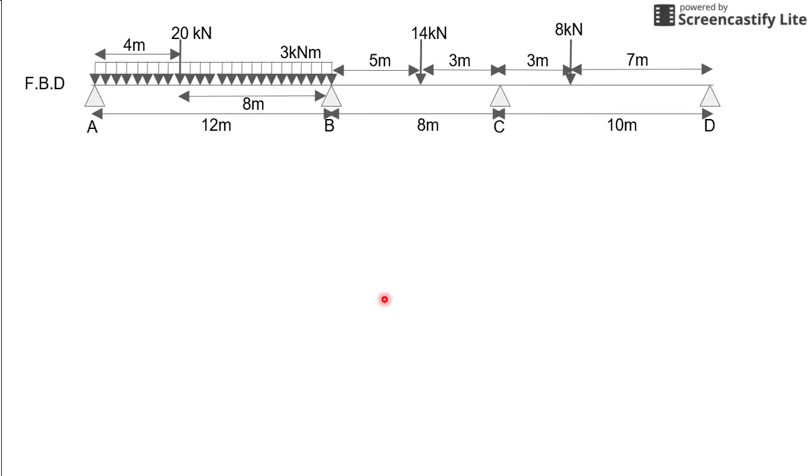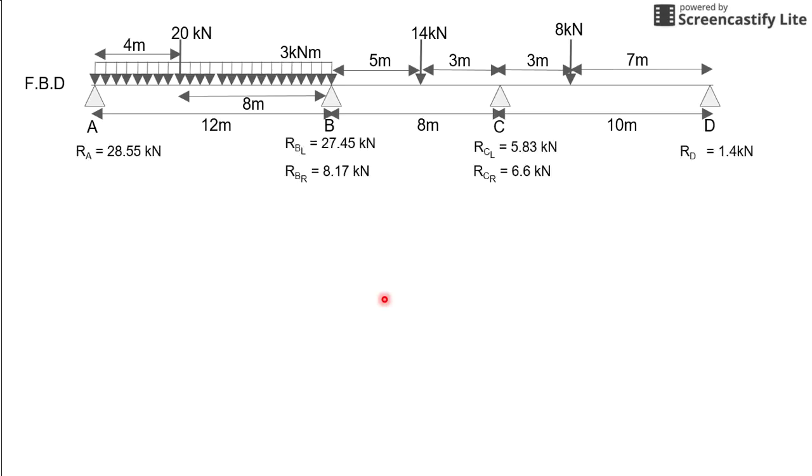So what I personally like to do while drawing my free body diagram, SFD, and BMD is to write down all the values that I require under the points here. This helps me: at point A, I know the resultant force will be 28.55, RBL will be 27.45, and so on and so forth.